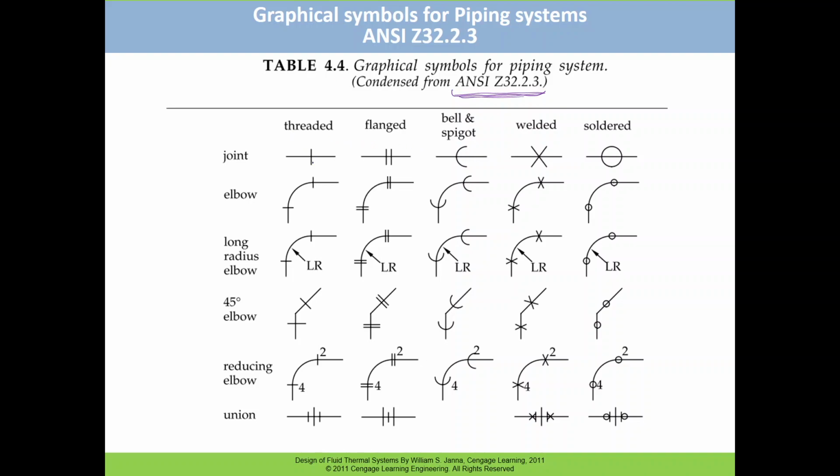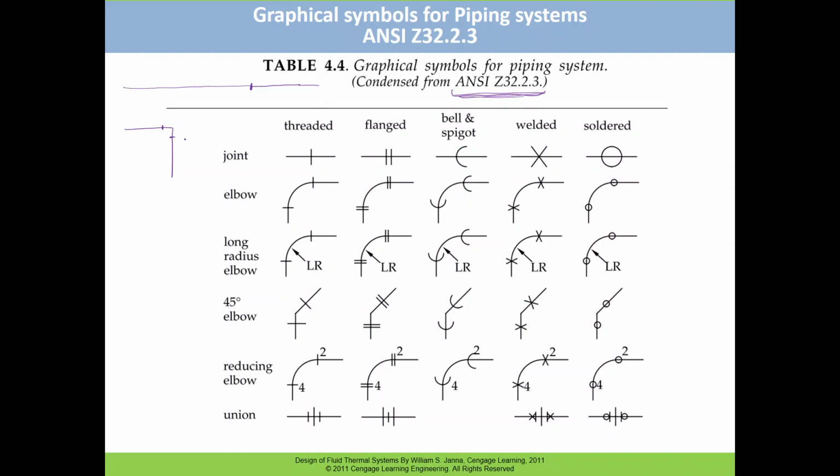Here we need to remember that the pipeline is indicated by a single line. If your pipe is going long, then this is your single line. If one piece of pipe is connected by another piece of pipe, then you have to show the connection. If it is a 90-degree bend, for example, then you have to show the connection.